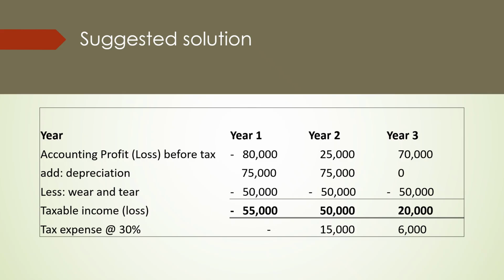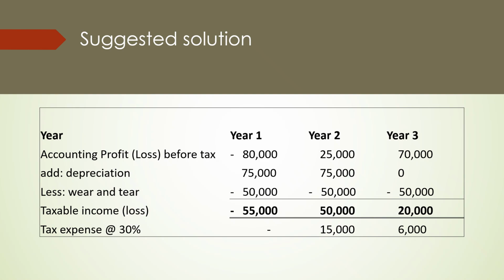In year 1, we start with our accounting loss of 80,000. We add back our depreciation of 75,000, and subtract our wear and tear allowance of 50,000. This gives us a taxable loss of 55,000.